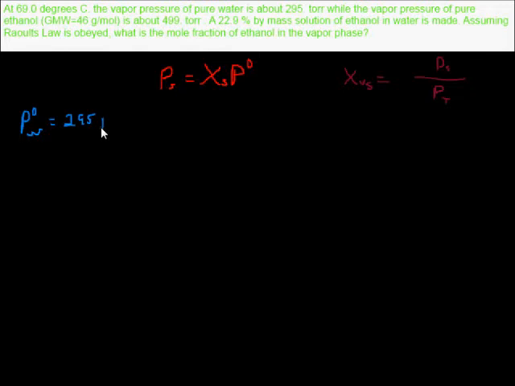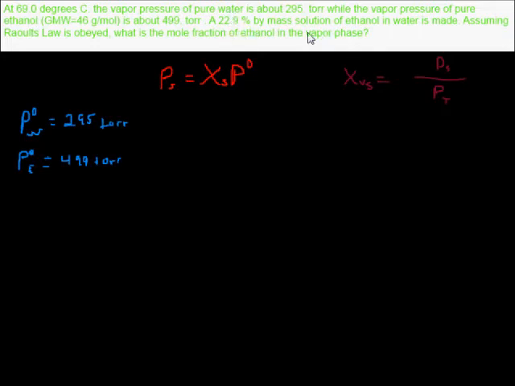We know that from the last problem we did. Well, the pressure of pure ethanol is equal to about 499 torr. Okay, so we have those two out of the way.